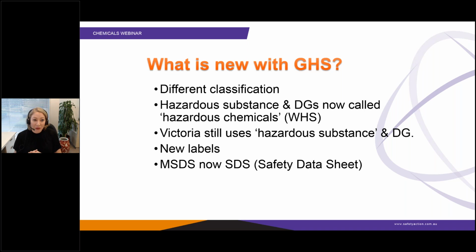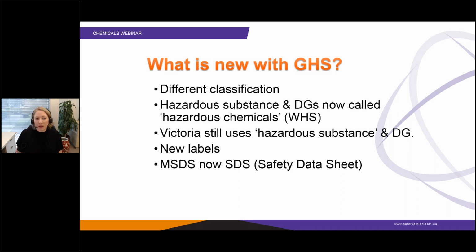And with that new classification, there may be some substances that were not hazardous substances or dangerous goods, but may be hazardous chemicals. So it is a broad definition to group those together.